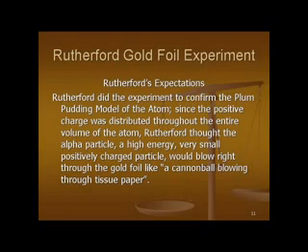Since the positive charge was distributed throughout the entire volume of the atom, Rutherford thought that the alpha particle, which was high energy but positively charged, would blow right through the gold foil like a cannonball blowing through tissue paper, is what he expected. Because he did not think the positive charge in the atom was concentrated but rather diffused throughout that volume, he thought there would be very little resistance to the positively charged alpha particle going through it.